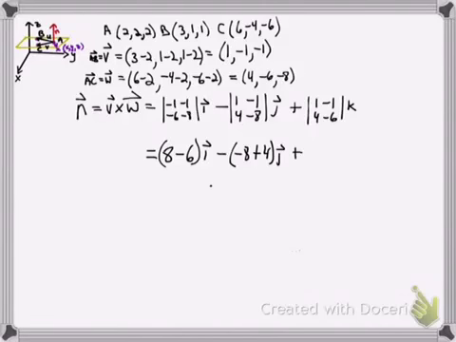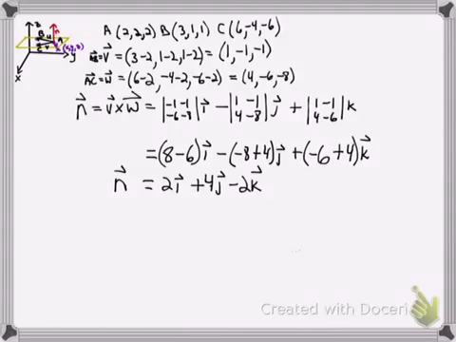That's our J, and then finally we'll do negative 6 minus negative 4, so we're going to do plus 4 again for our K. And so our N vector will be 2i minus a negative 4, so plus 4j, and then plus a negative 2, or minus 2k. Alright, so that is our N vector. That's the one that's orthogonal to the whole plane.